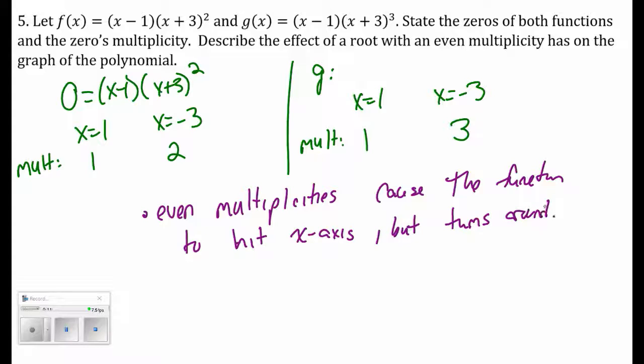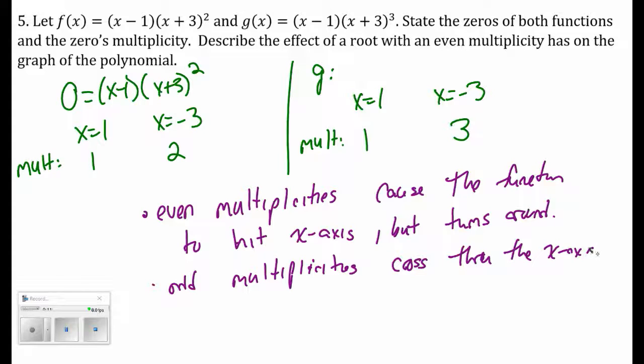Odd multiplicities cross through the x-axis. Okay, even multiplicities touch it and turn around. Odd multiplicities cross through. This is an important concept to understand for when we start graphing functions, just graphing a sketch of them without using a calculator.